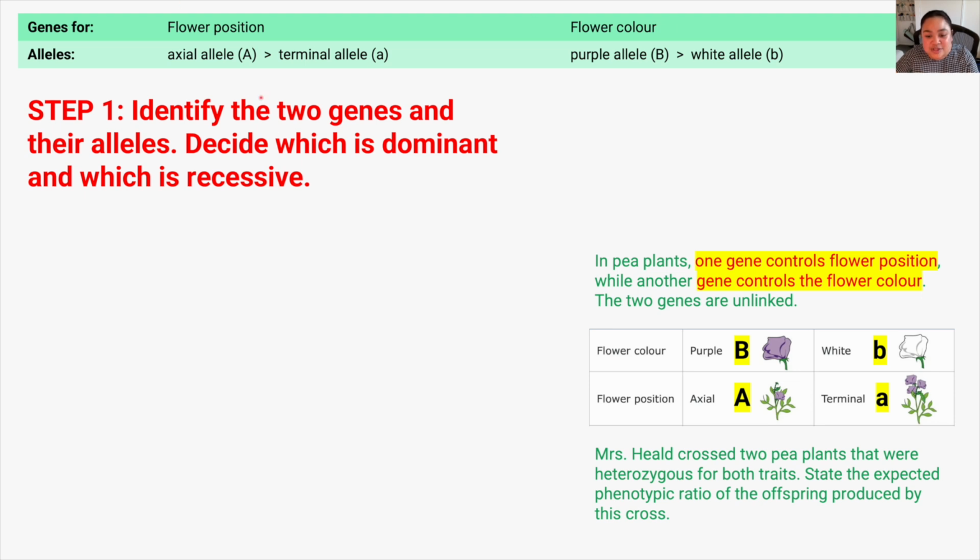For flower position, our dominant allele is axial, capital A, and our recessive allele is terminal, little a. For the gene of flower color, our dominant allele is purple, big B, and our recessive allele is white, little b. It's important to extract specific information from the question you're given and put it into your own grid.